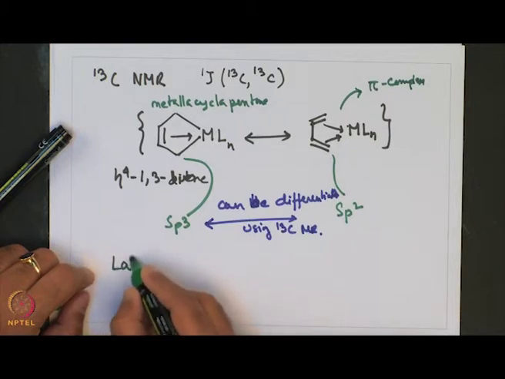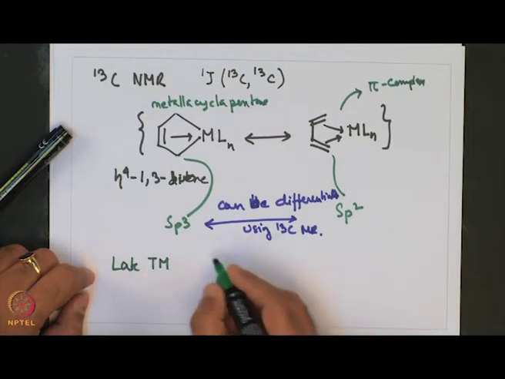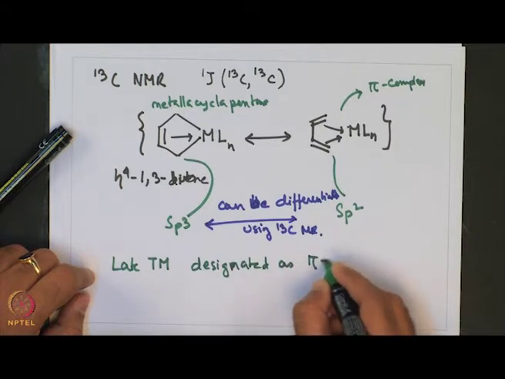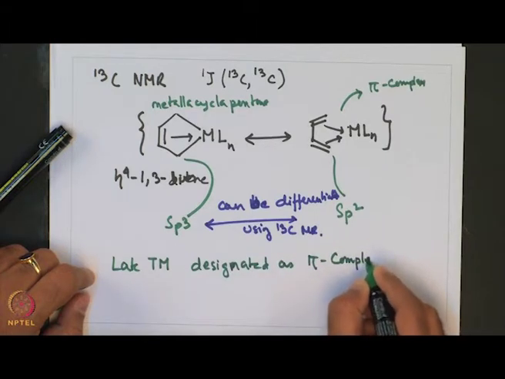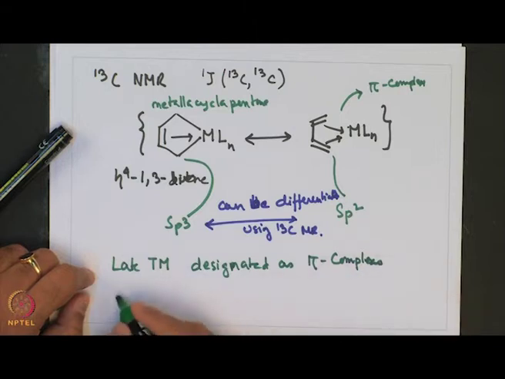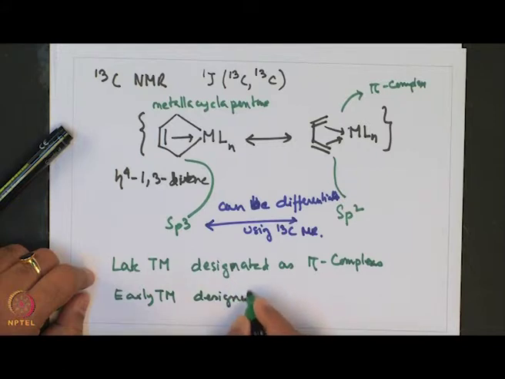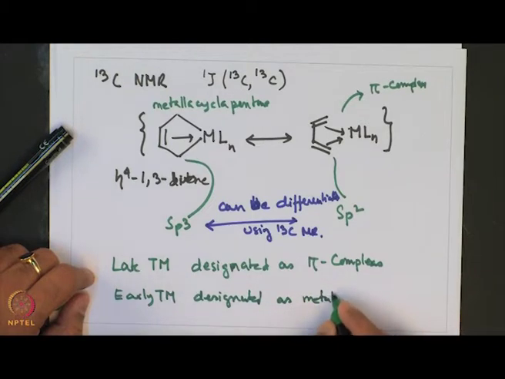So, late transition metals are designated as pi complex, whereas early transition metals are designated as metallocyclopentane.